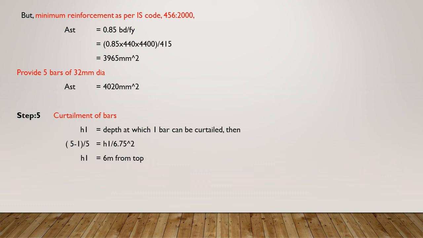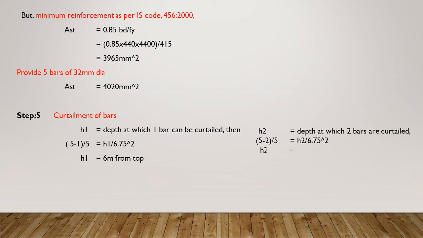Then step number 5, curtailment of bars. So curtailment is 1 meter above or from the top values. Okay, so h1 is equal to the depth at which one bar can be curtailed. Then 5 minus 1 divided by 5, so h1 divided by 6.75, the height of the stem, whole square. The h1 is equal to 6 meter from the top.